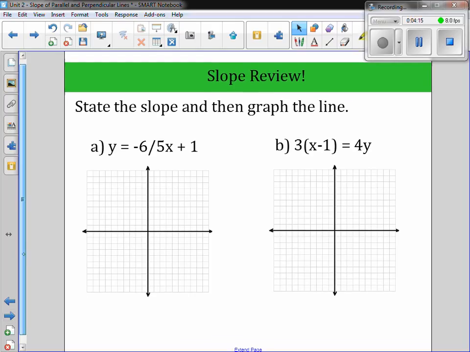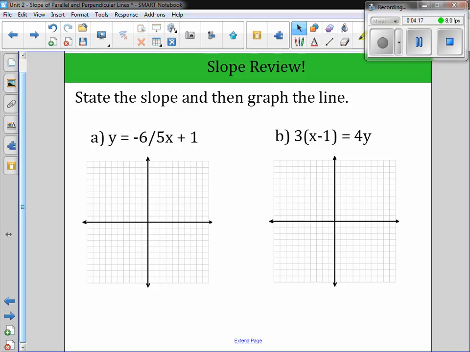Since we know that the first equation is already in the form that we want it to be in, we know that m is equal to negative 6/5, and our b value is equal to positive 1. We are first going to follow the following rules for graphing a line.